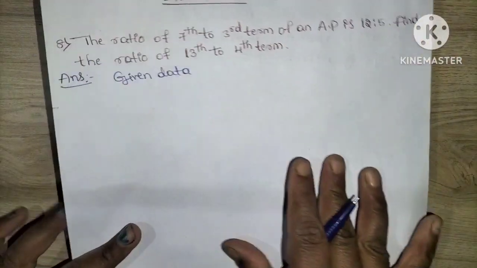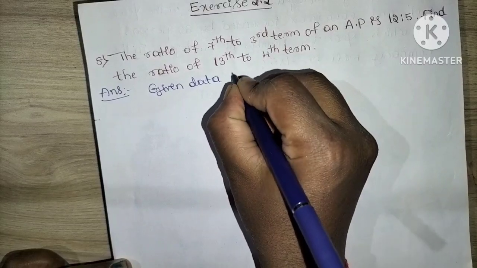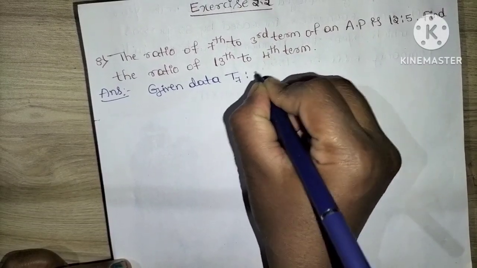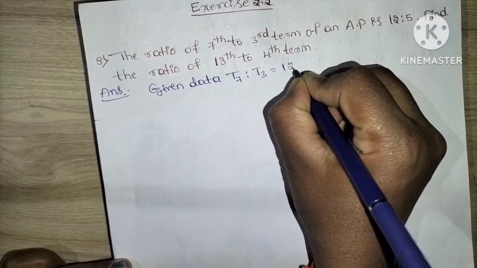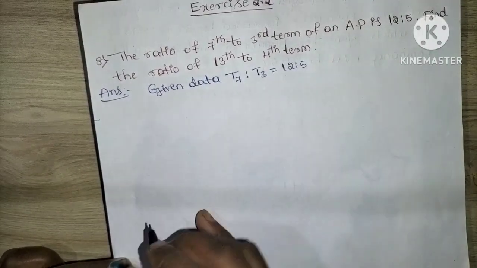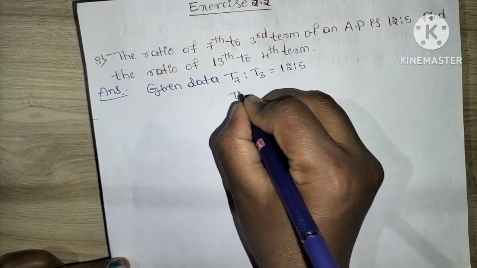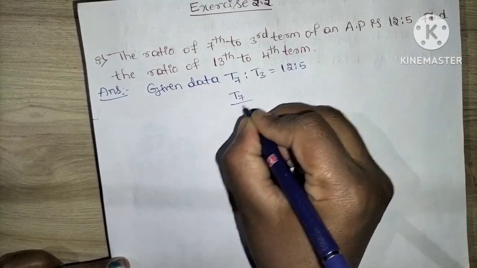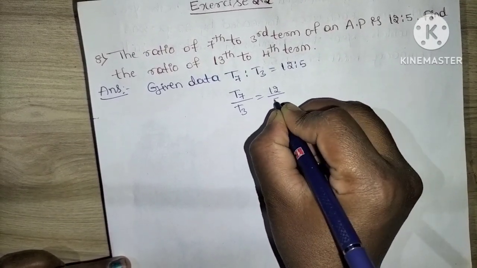Given data: the ratio of the 7th term to the 3rd term is 12:5. We can also write it in the form T7 divided by T3 is equal to 12 divided by 5.